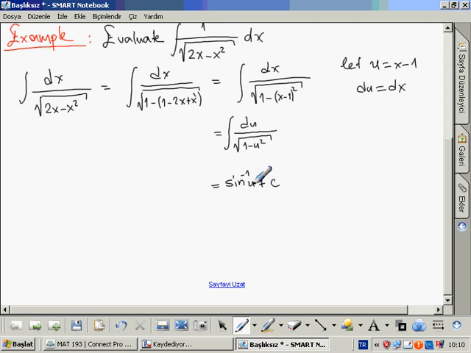Totally we can say the integral of dx over the square root of 2x minus x squared equals inverse sine of (x minus 1) plus c.